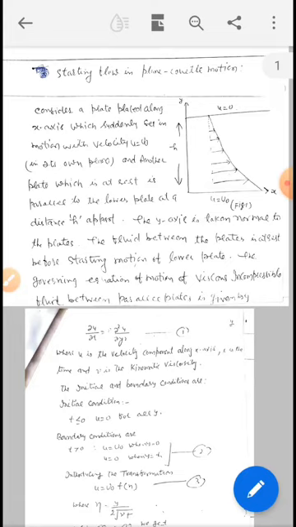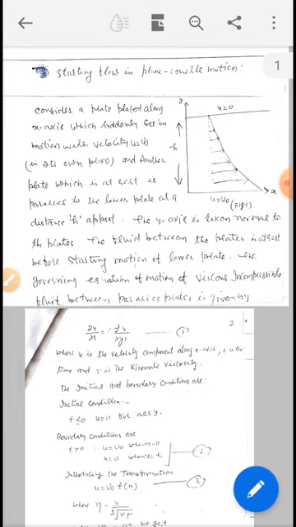This is clearly shown in the diagram. The y-axis is taken normal to the plate. The fluid between the plates is at rest before the starting motion of the lower plate.